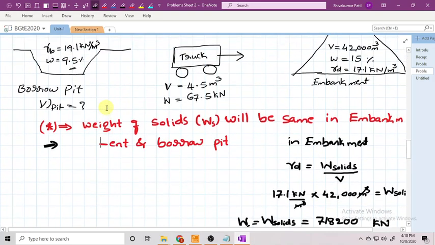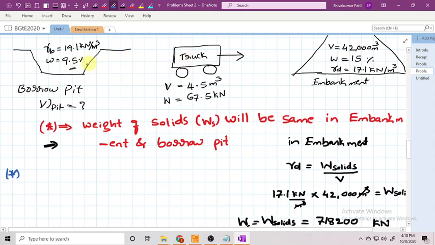One more thing will be common between the borrow pit and your truck. The water content is not going to change, right? Except for a little water that may be lost from the topmost layer of soil in the truck over time, if you neglect that, the water content will be the same in the borrow pit as well as in the truckload.